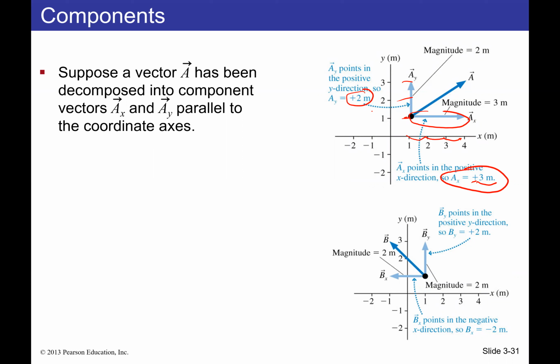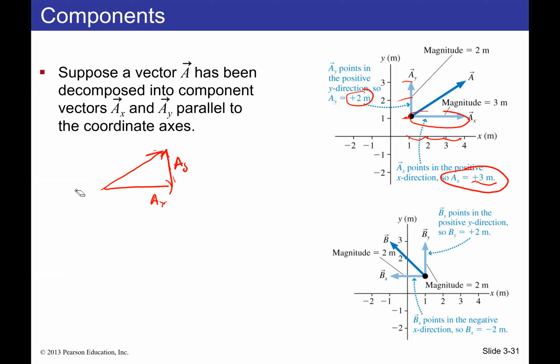That means the vectors AX and AY replace the resultant vector, which is vector A. Think of it like this: this is AY, and this is AX. If I construct a parallelogram, this is the resultant. Now, I can take any vector and move it around, so I'm going to take AY and move it here.